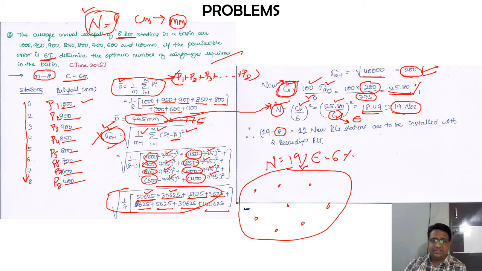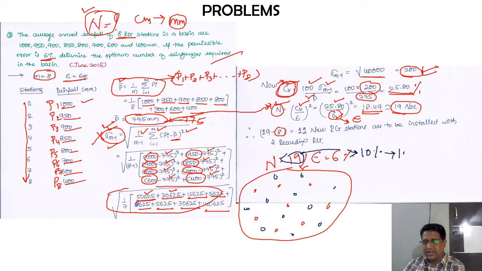That is 1, 2, 3, 4, 5, 6, 7, 8, 9, 10 and 11. The blue colored ones I have shown are the new rain gauge stations. So ultimately how many are required? It is 19. Out of 19, how many should be self-recording type? That is 10%.